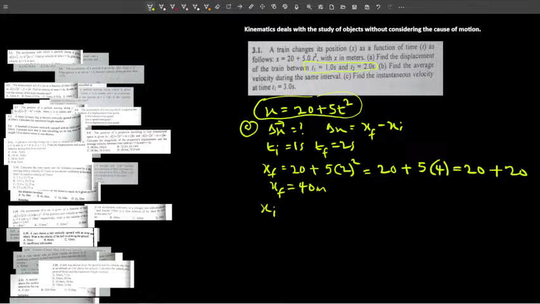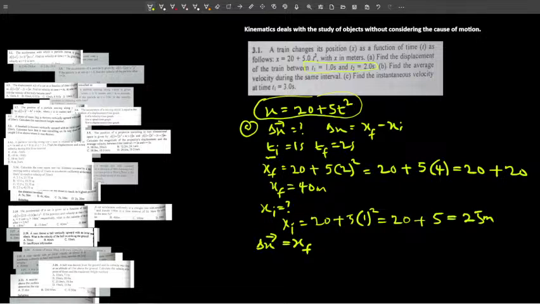Similarly, my initial position xi is when t is 1. So xi is equal to 20 plus 5 into bracket 1 squared. That gives 20 plus 5, which is 25 meters. So my change in displacement, again, is xf minus xi.